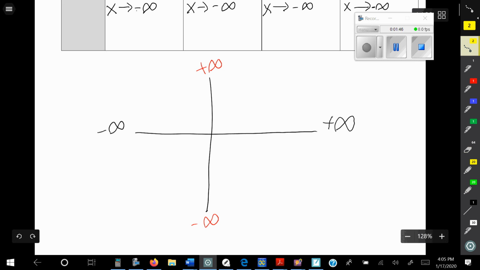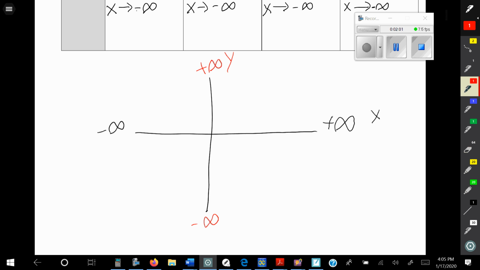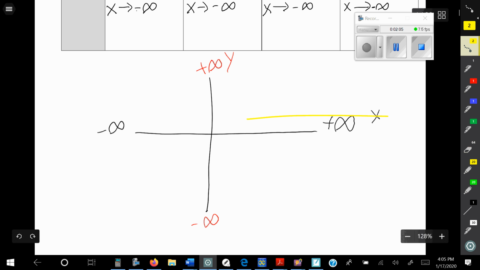All right, so this is a coordinate plane, and this is the x-axis right here, and this is the y-axis. When I say infinity, I mean going as far to the right as you can go. That's positive infinity for x.